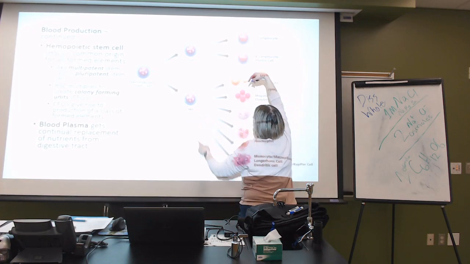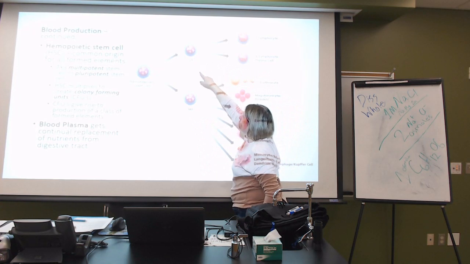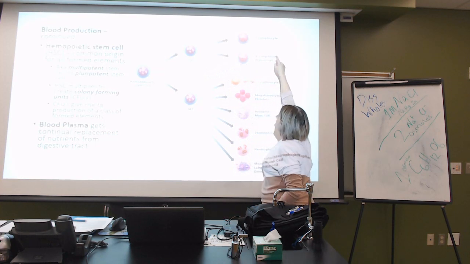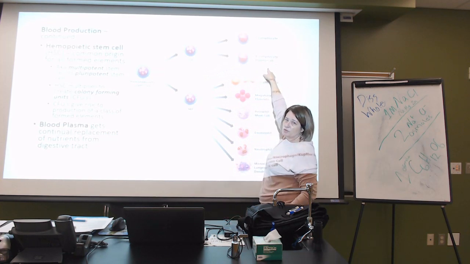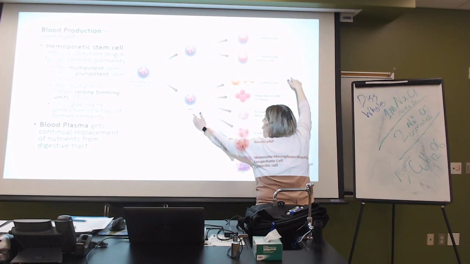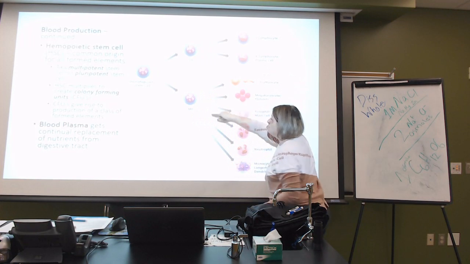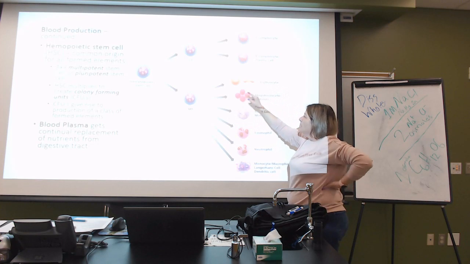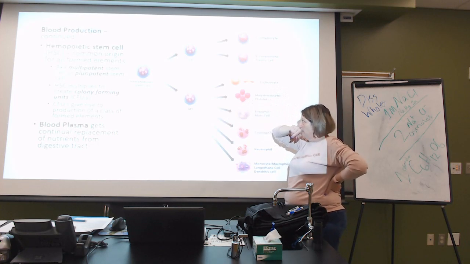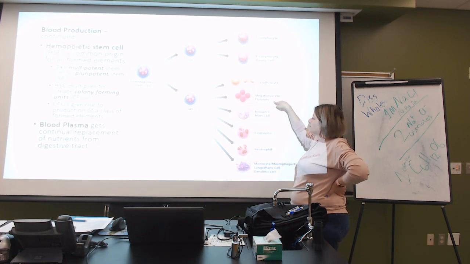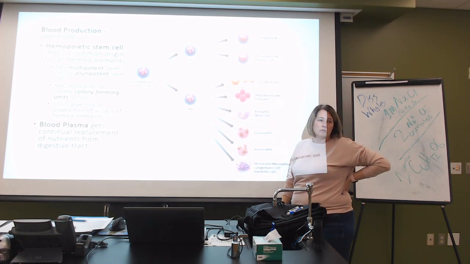From that colony for lymphocytes, which are white blood cells, I get my T cells and my B cells. Then, if I have the colony for my remaining cells, from that colony, I will get red blood cells, platelets, and the other white blood cells.